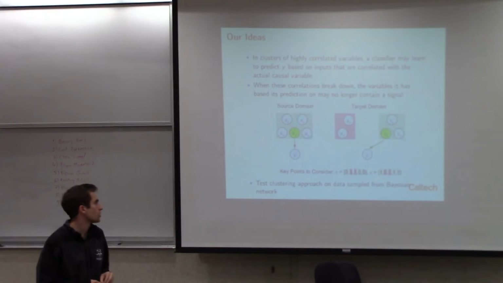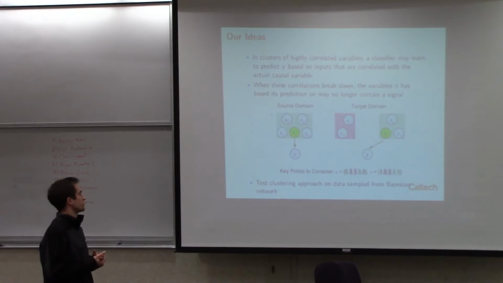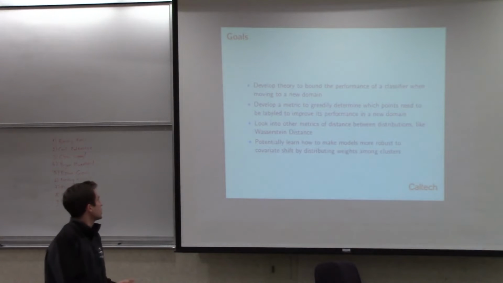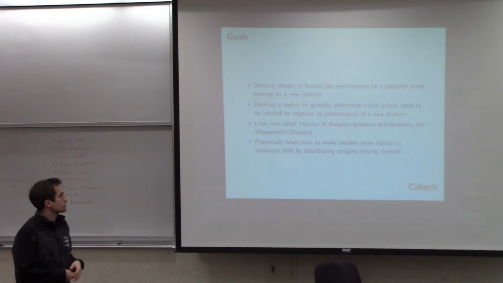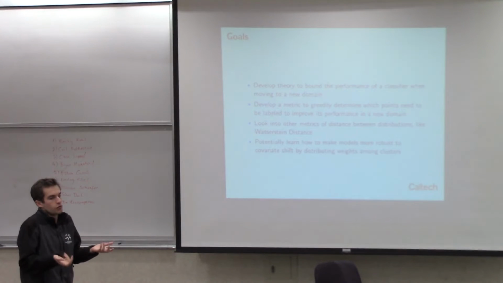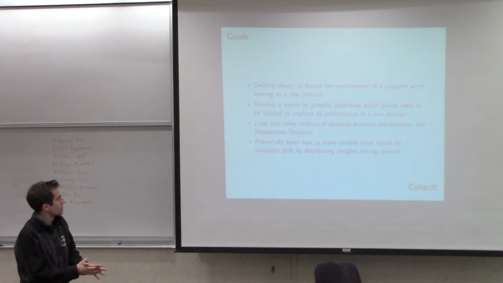So we're hoping to use this clustering idea to develop some theory and then test that on data that we've generated from a Bayesian network. Our goals are, like I said, to first try to come up with a theoretical bound on the performance of taking a classifier and moving it to a new domain.